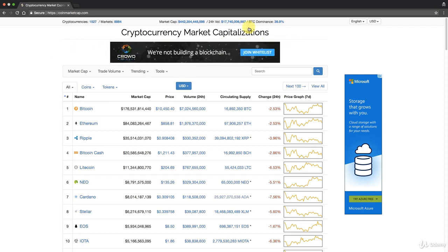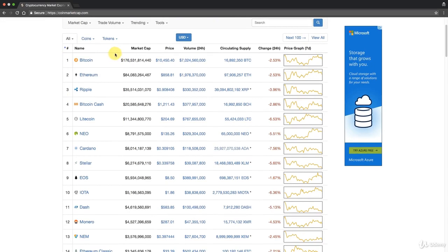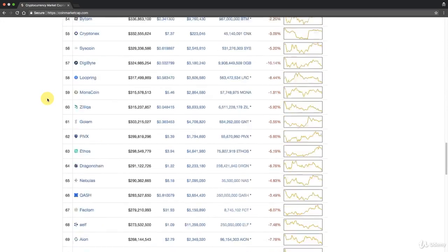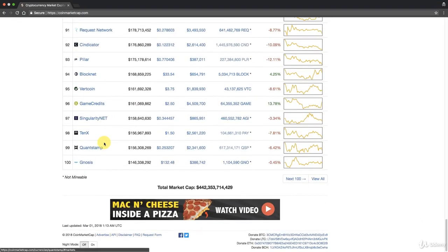People come here to explore things like the trading volume, the market capitalization of the currency, the graphs, the prices, and so on. Right away, you can see there are hundreds and hundreds of cryptocurrencies. Look at the market capitalization of everything together: $442 billion. That's insane.